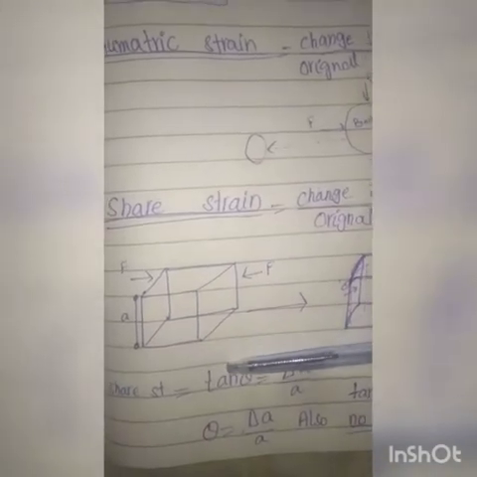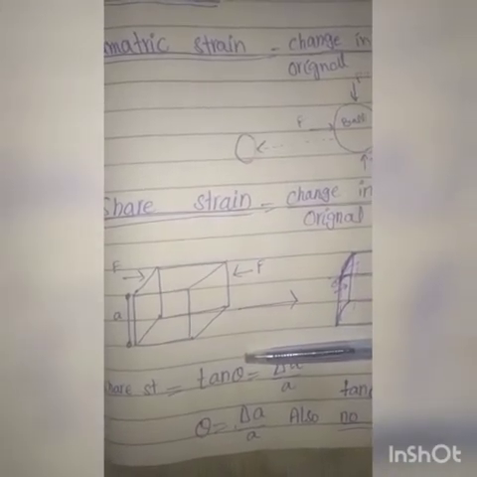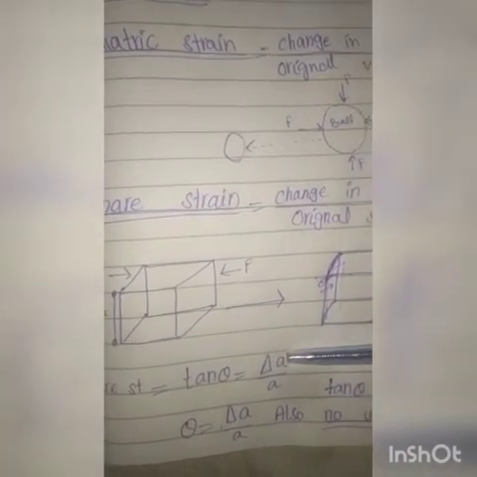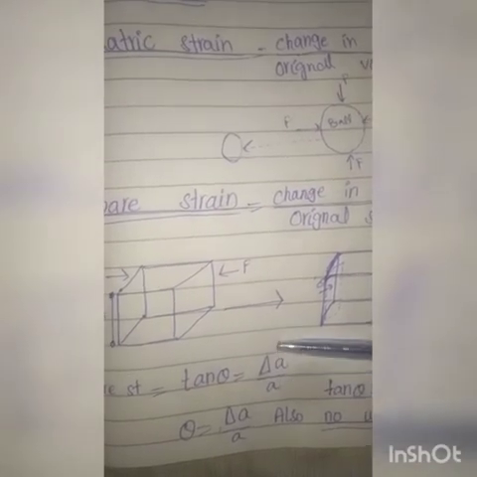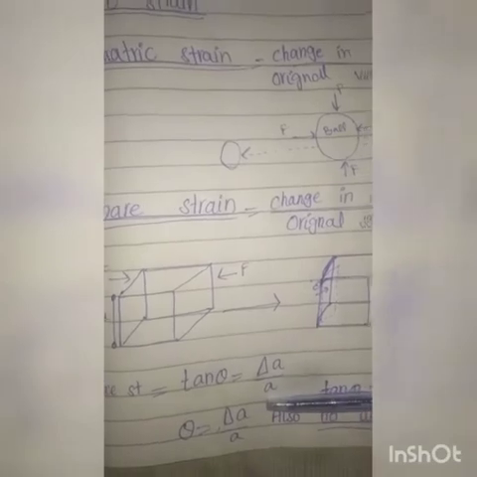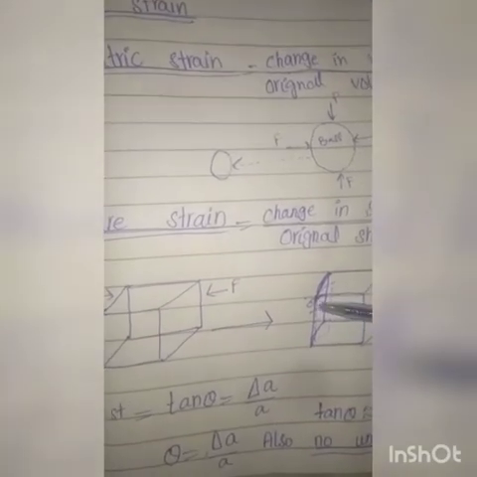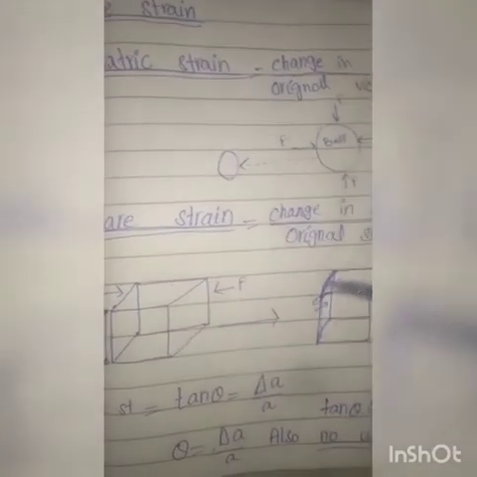Shear strain is shown with tan theta, and here tan theta equals change in shape over original shape, delta A over A.